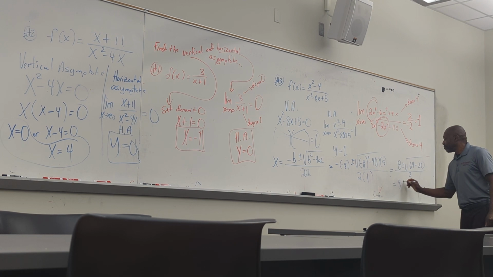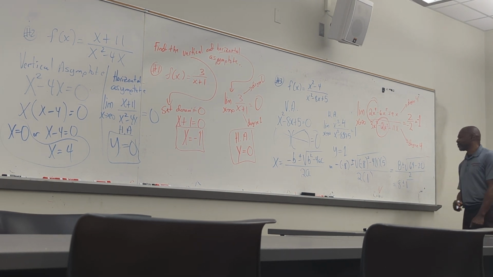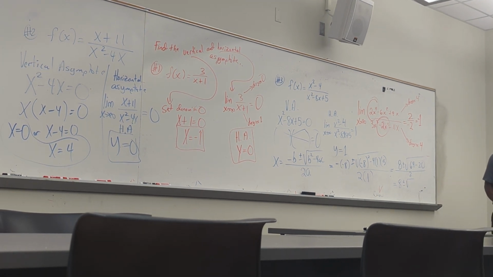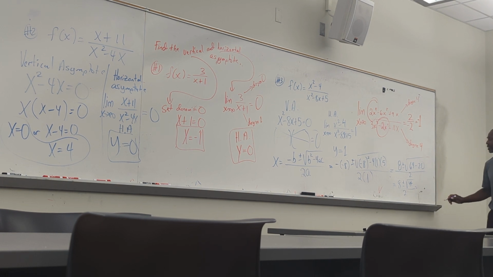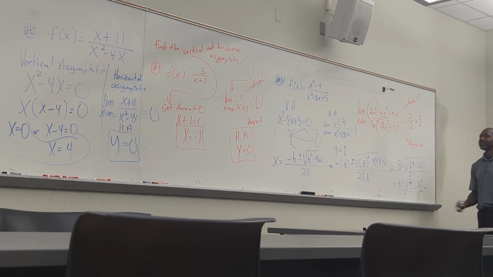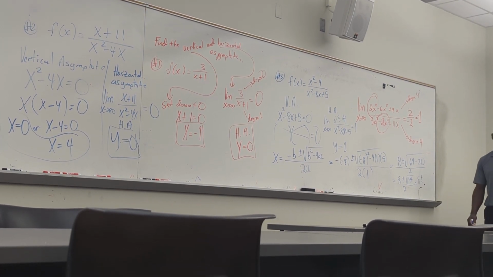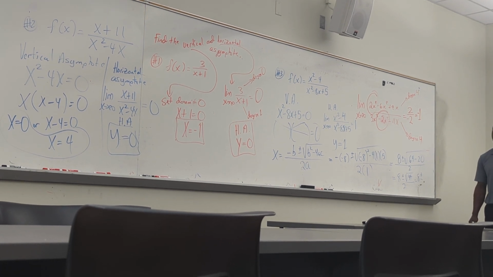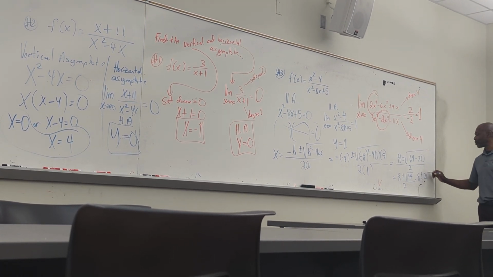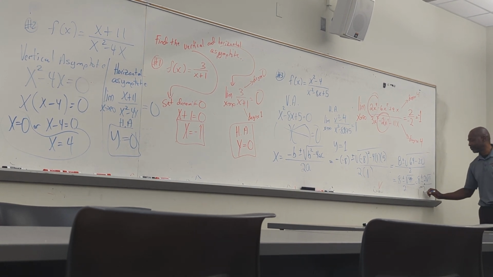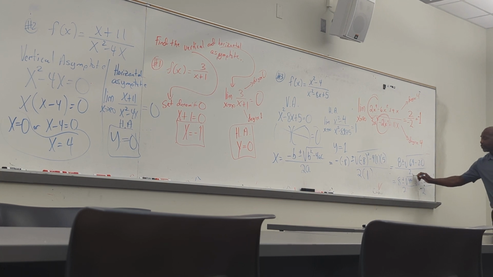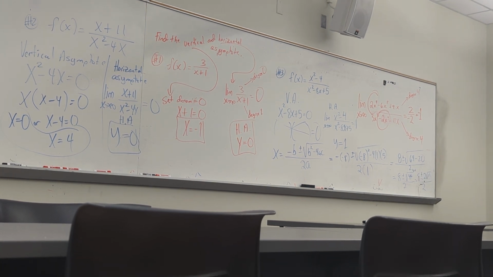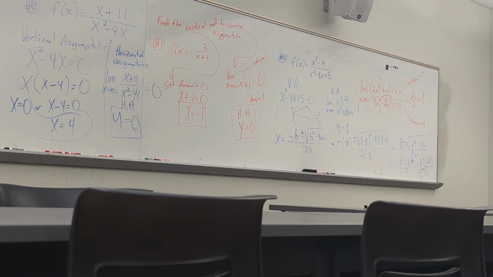So that's 8 plus or minus the square root of 44, all over 2. 44 is 4 times 11, and the square root of 4 is 2, so you can take the 2 out.